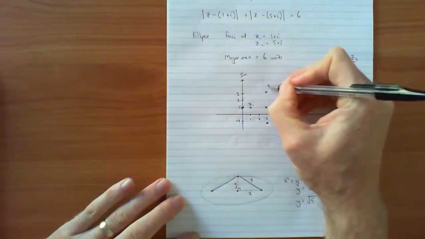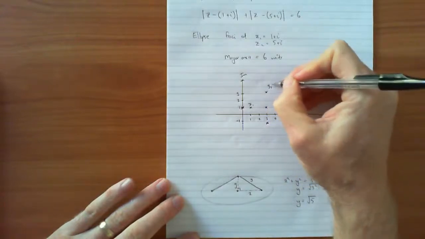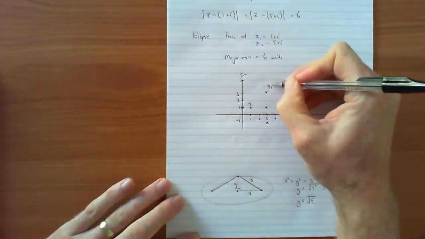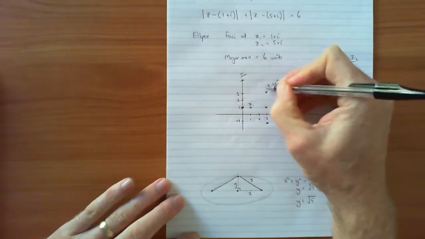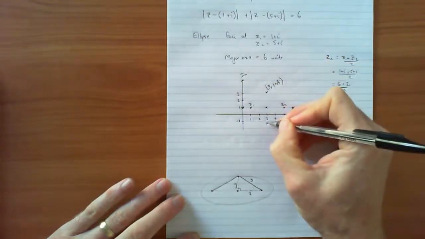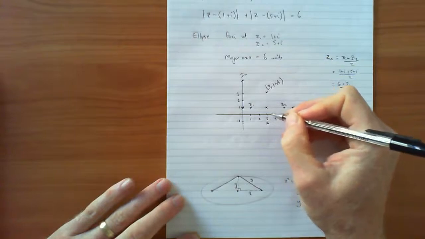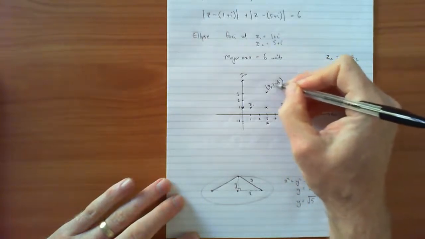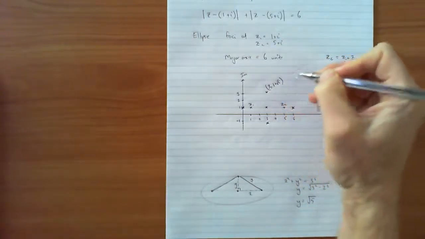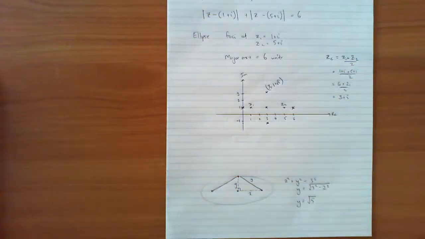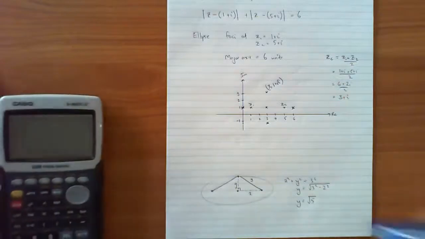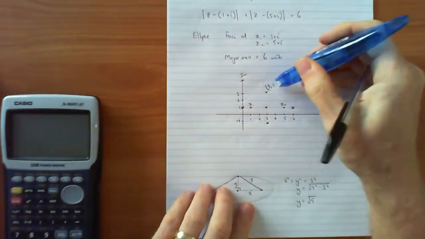I can label it as 3, 1 plus square root 5. And you could actually get your calculator, it might be easier to get your calculator and actually write that as a decimal.